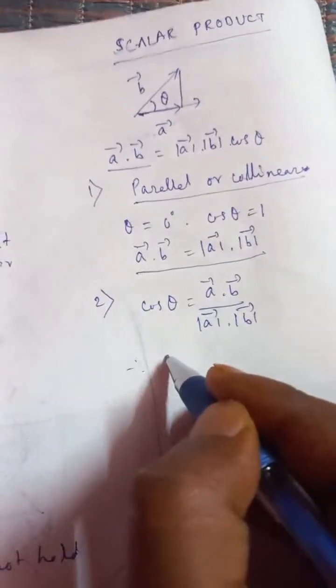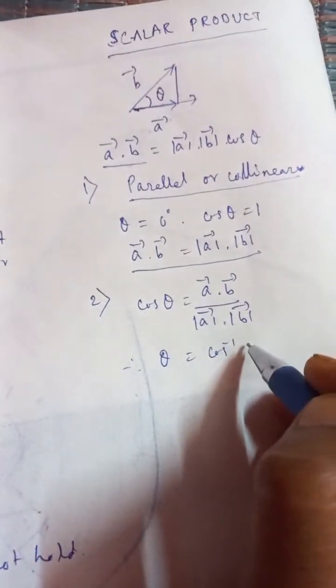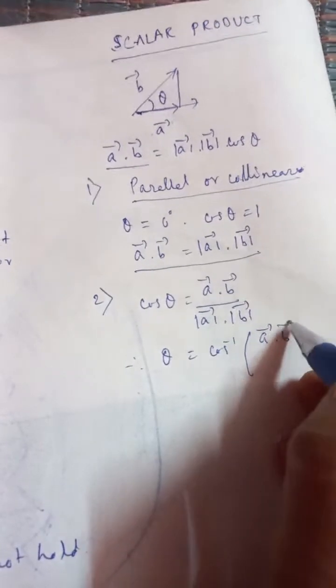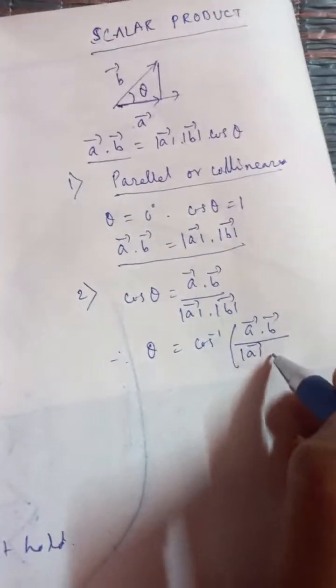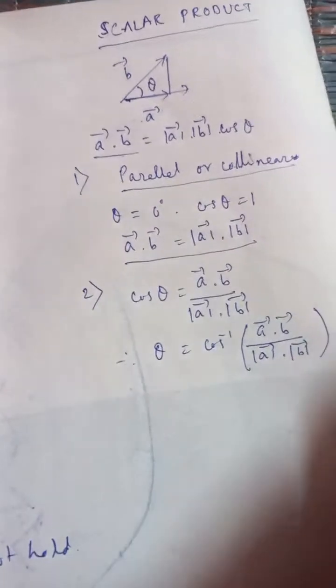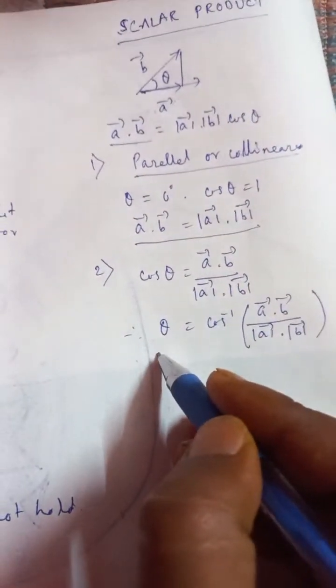So theta will be cos inverse of A vector dot B vector by mod of A vector times mod of B vector. So in this way we can find the angle between two vectors.